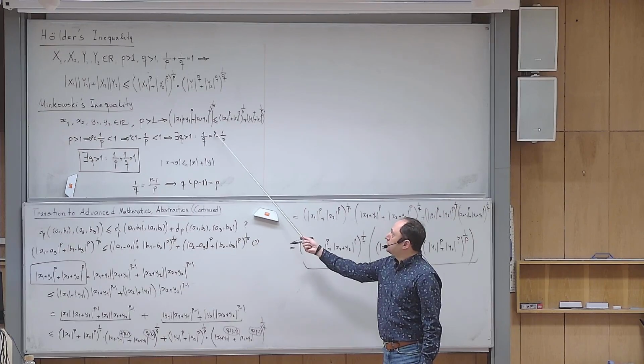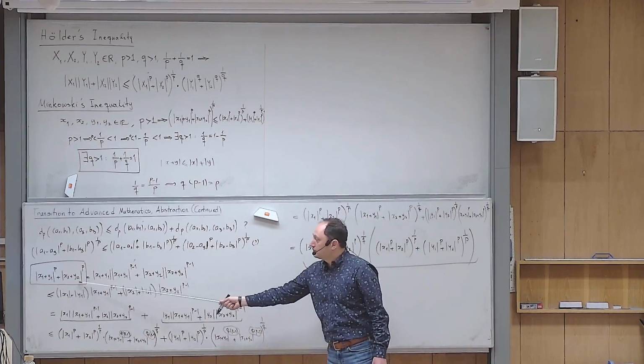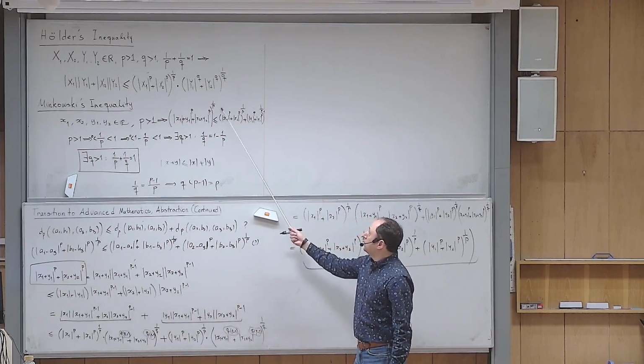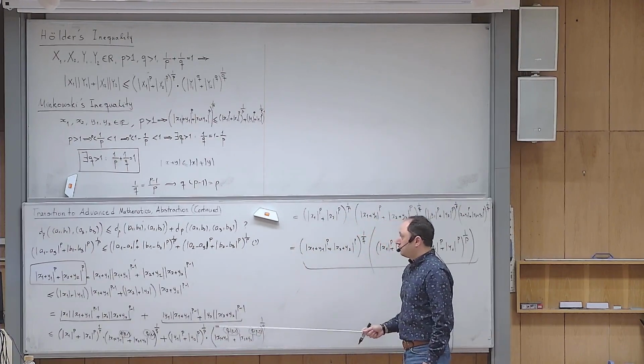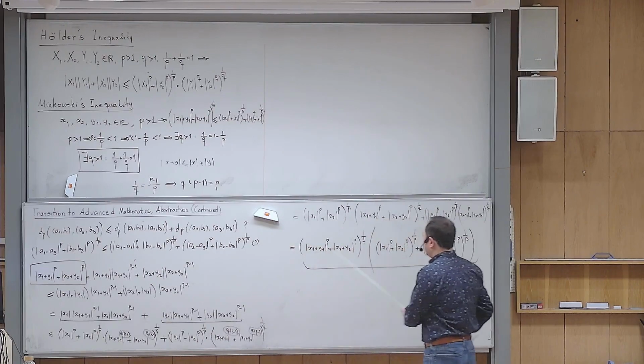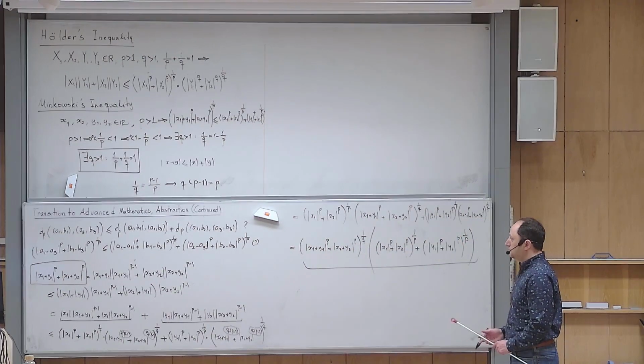In the original inequality, you don't have this exact combination. You have this combination to the power of 1 over p. What I have shown so far is that this is less than or equal to this expression. So this motivates me to do what?